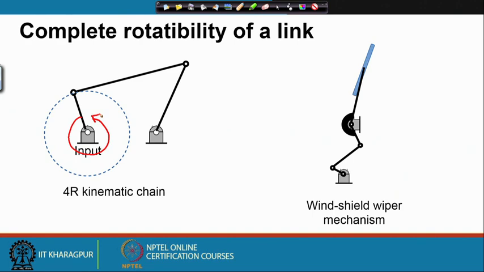On the right I have an example of where it is used. I have shown this example before. This is a windshield wiper mechanism. Here there is a motor which rotates this small link.